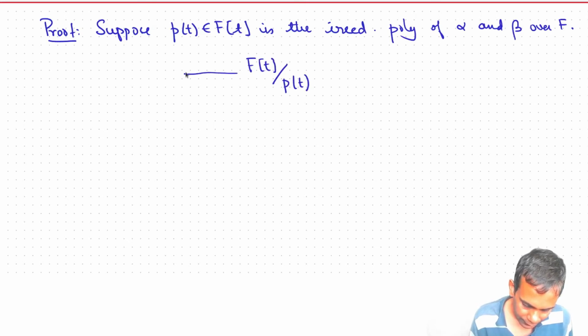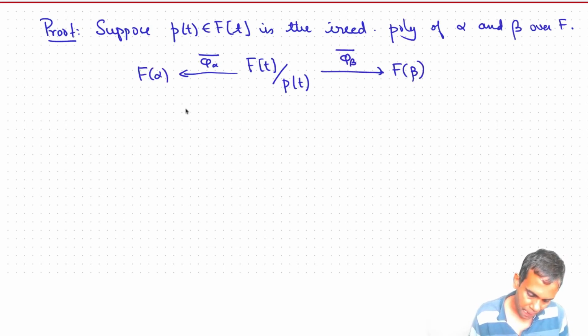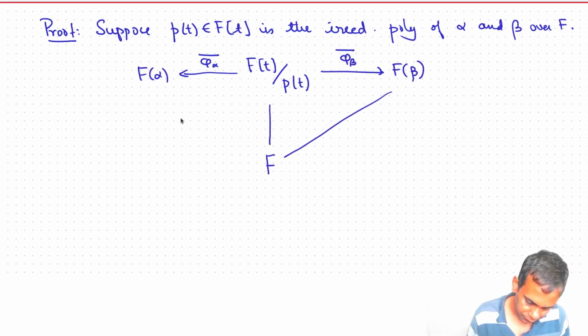On the one hand, this phi alpha bar gives an isomorphism to F(alpha), phi beta bar gives an isomorphism to F(beta), and these are all isomorphisms over F.